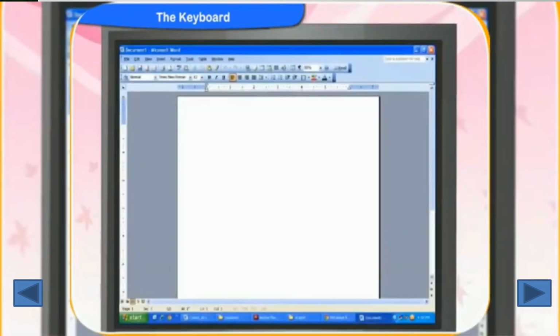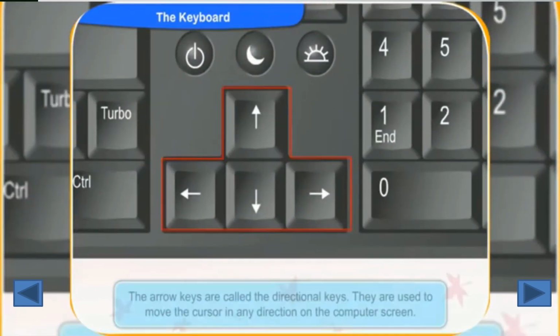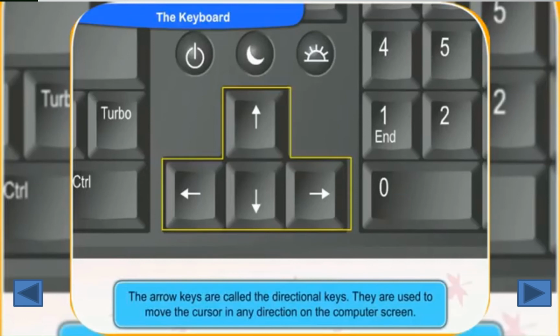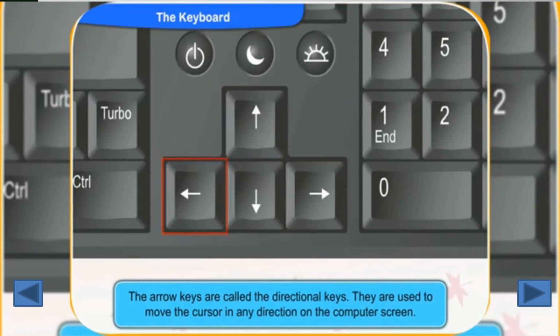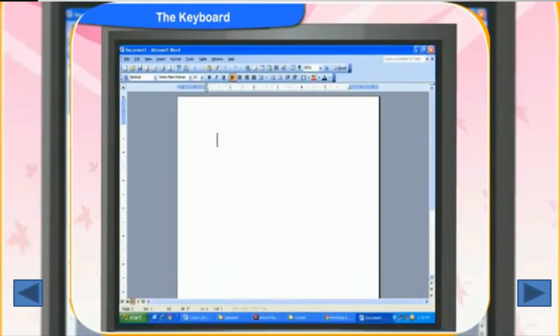The numeric keys are used for typing numbers. What are these arrow keys for, Kliko? The arrow keys are called the directional keys to point to direction up, down, left and right. They are used to move the cursor in any direction on the computer screen.